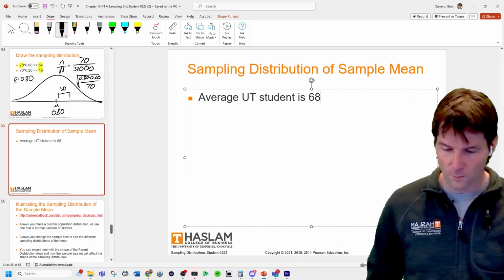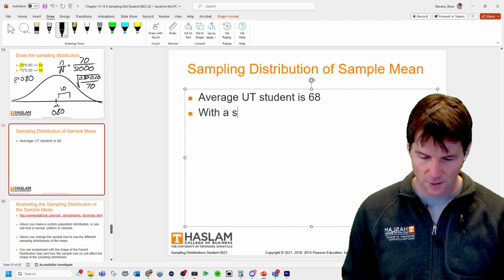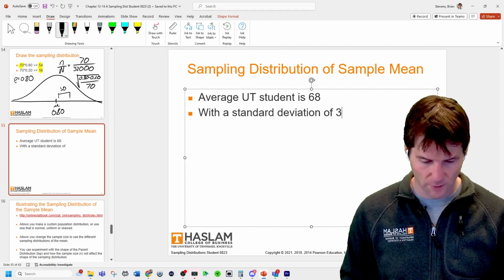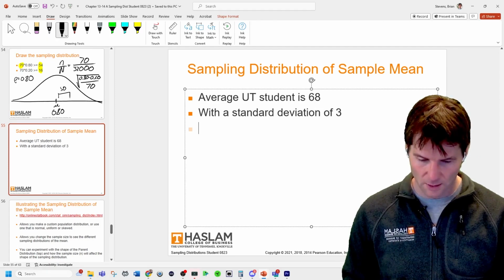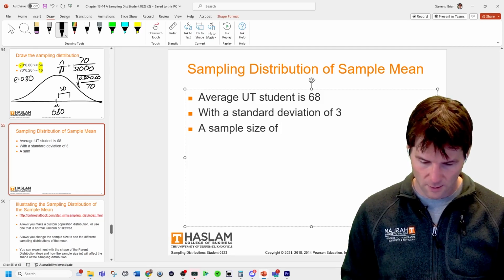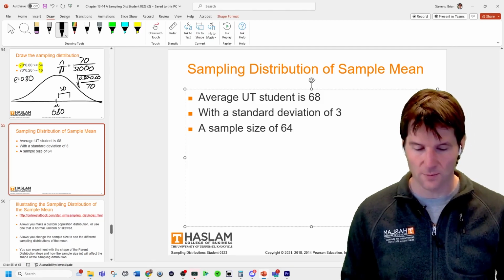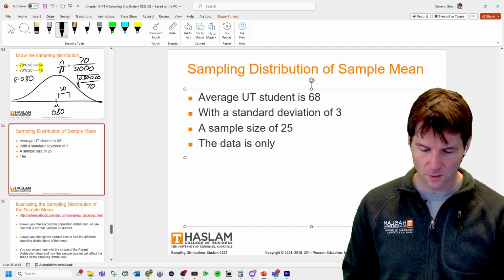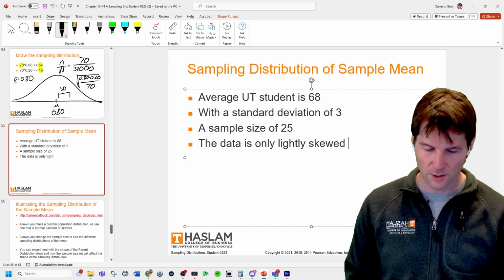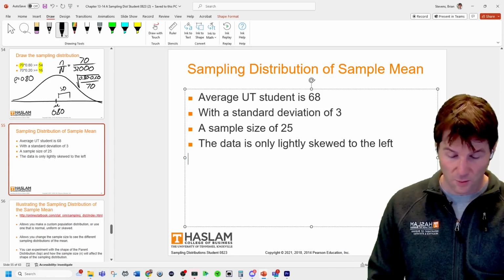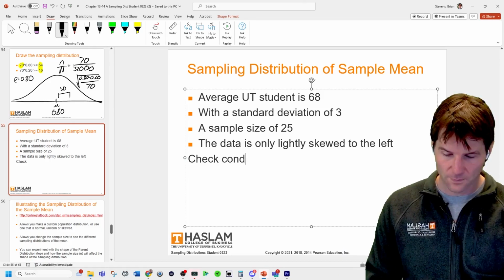And so now, with a standard deviation of, let's say, 3 inches, and a sample size of 64 students. Actually, let's go with 25. The data is only lightly skewed to the left. Draw the sampling distribution, check conditions.